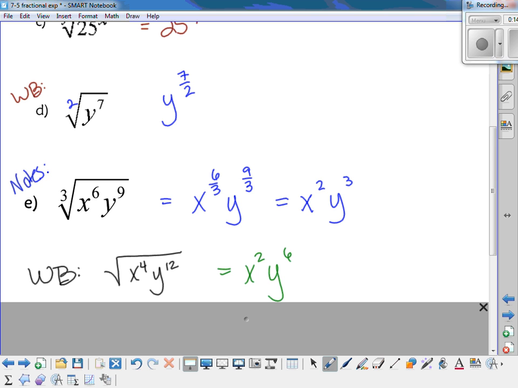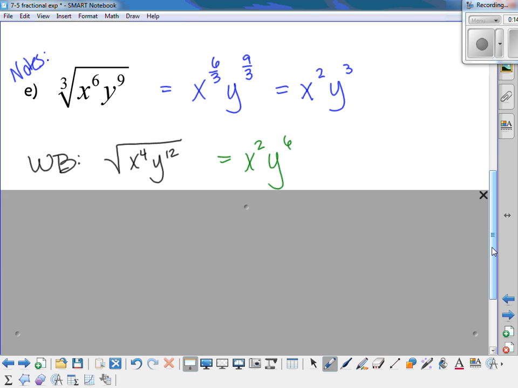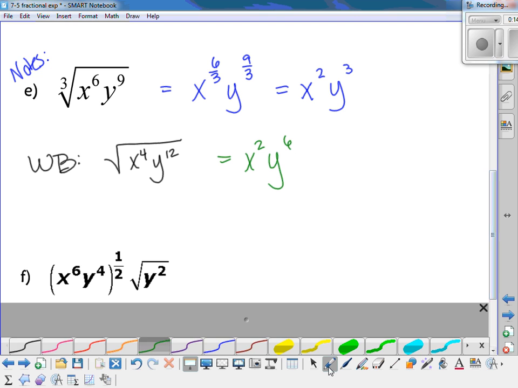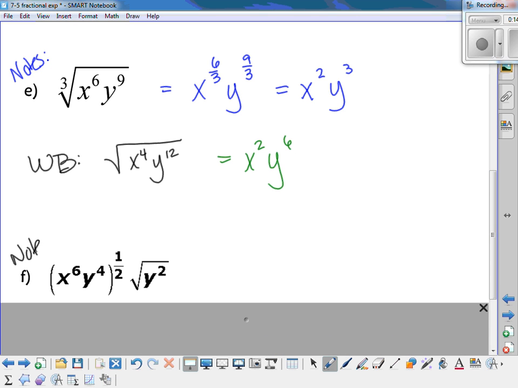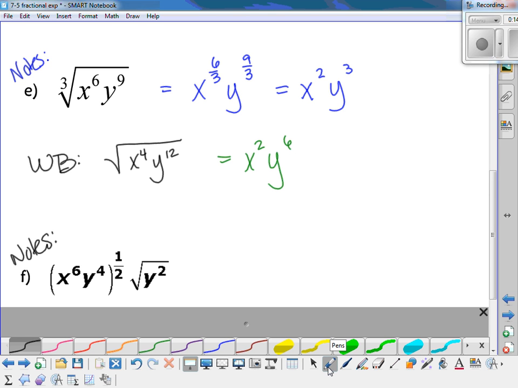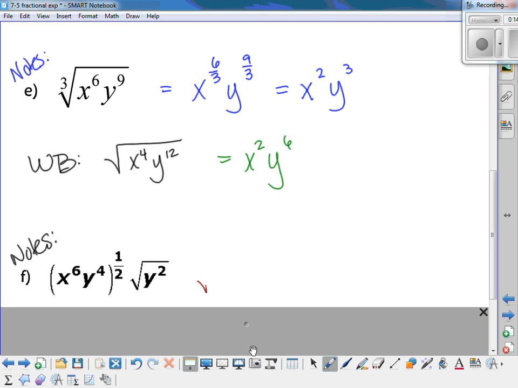All right, this next one is for your notes. All right, now I've got a mixture. I've got fractional exponents mixed with roots. So I'm going to turn everything into exponents. So if I'm taking the 1/2 power of x to the 6th, y to the 4th, it's like I'm taking the square root of x to the 6th, y to the 4th, right?